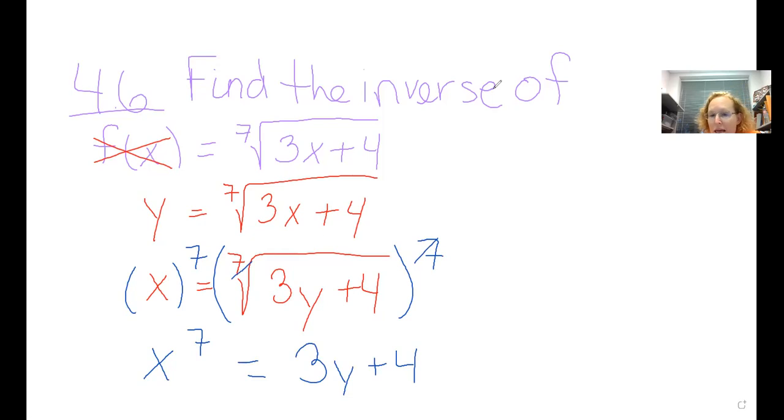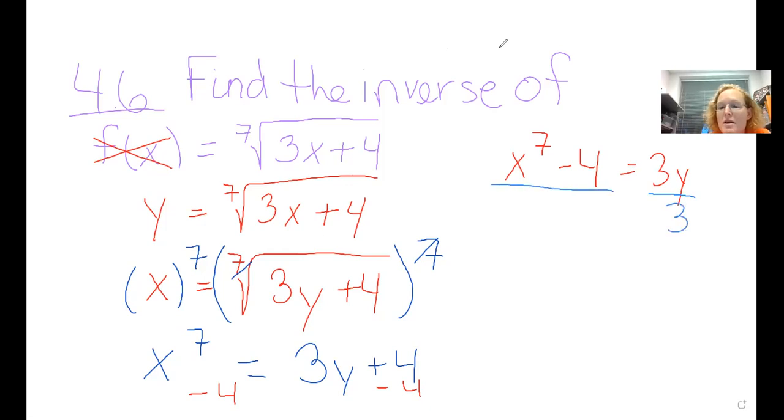Now we're on our way, but we're not done yet. What I need to do now is get rid of this 4. Since it's a positive 4, the only way to do that is subtract it. That leaves me with x to the 7th minus 4 equals 3y. Now we're almost done. The catch is that we don't want 3y, we want 1y, so we divide by 3 on both sides.